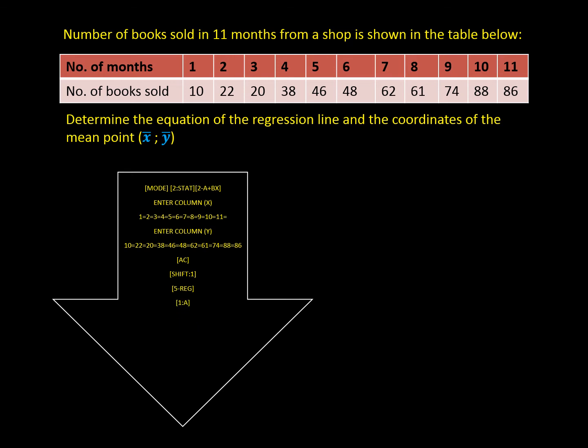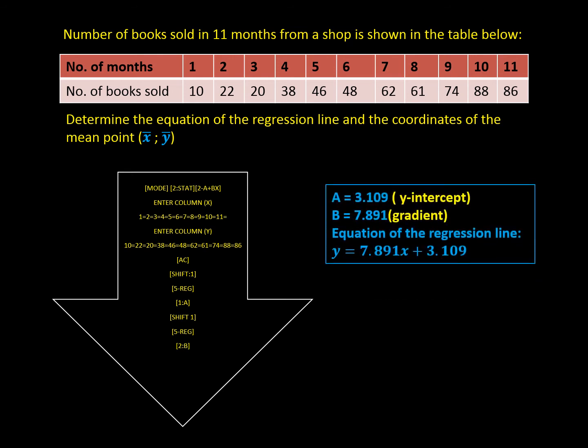Then number 1 for A. You get the value of A, write it down. Again shift 1, 5, and then number 2 for B. So A and B are now available. A is 3.109, B is 7.891, and the equation is 7.891x plus 3.109.